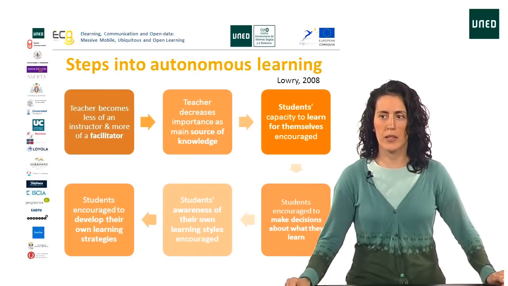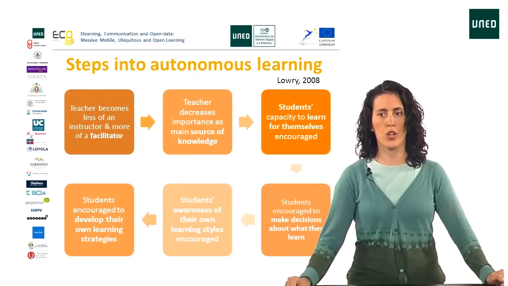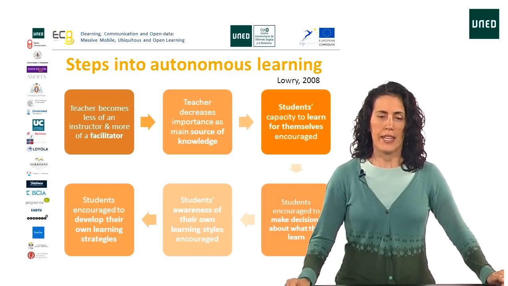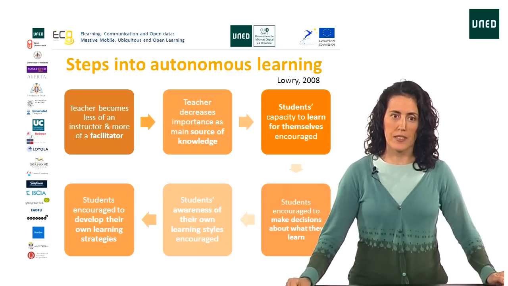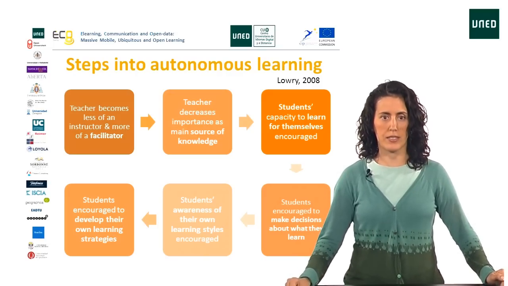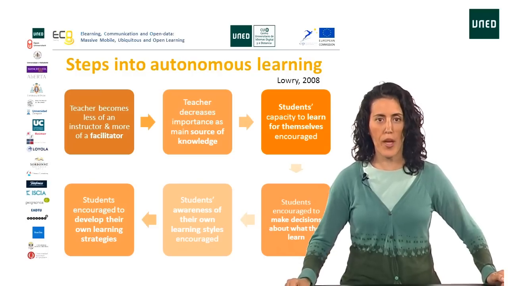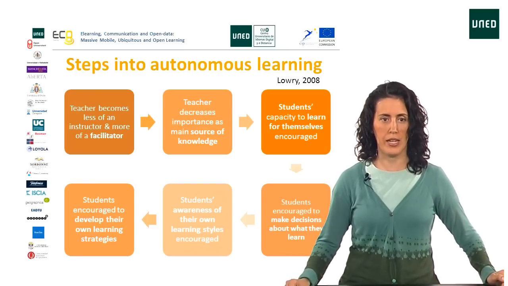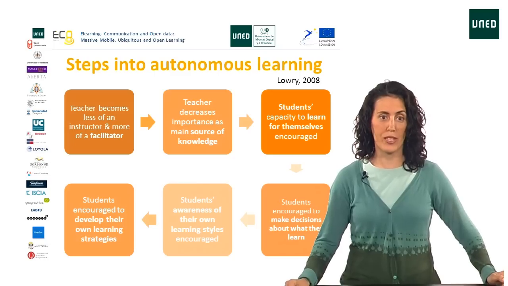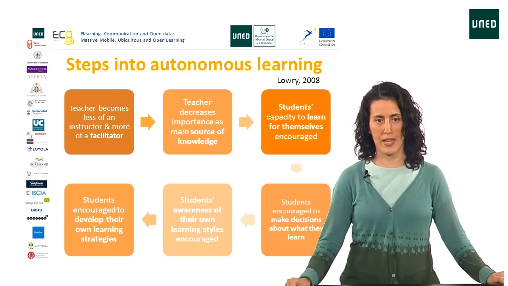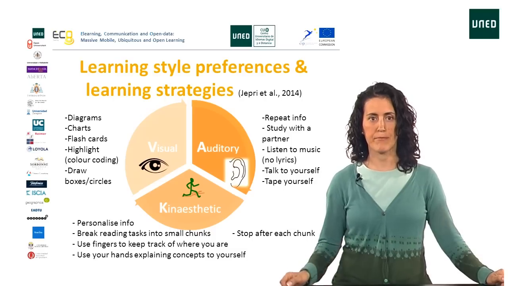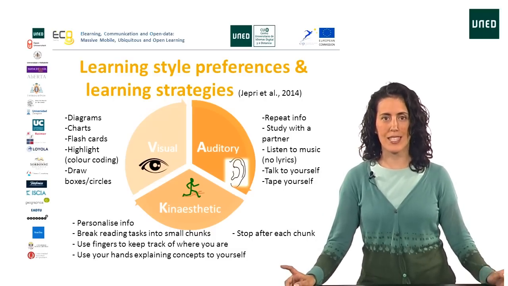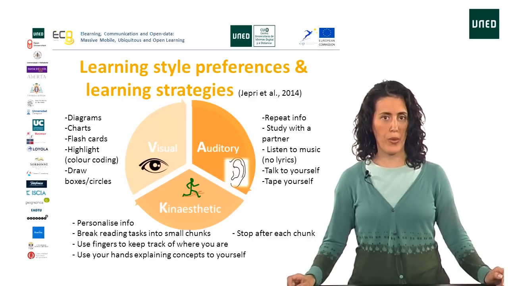Maybe I want to learn more about academic English or about technical English, etc. Now, it's time to reflect on your learning styles and being aware of how you learn better, how you prefer learning. And the last step would be to develop all those learning strategies. So let's have a look at those learning strategies and how they connect to the way we learn.